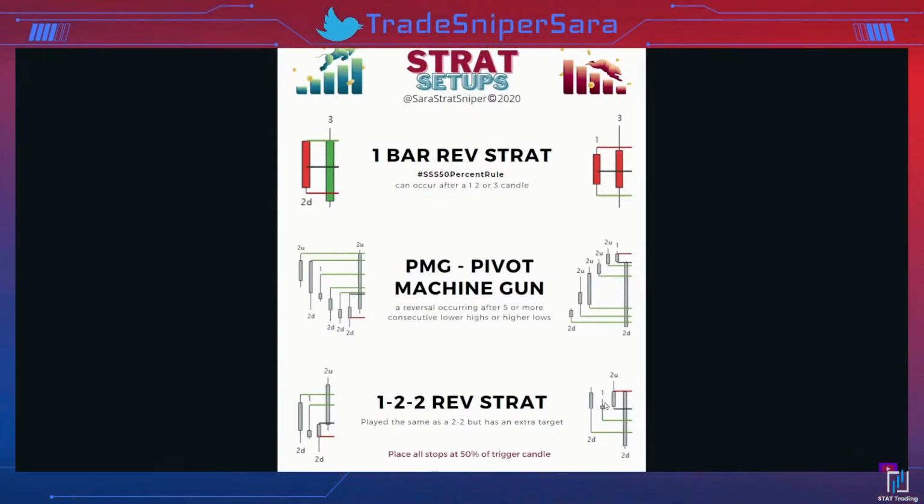Now, one thing that I want to mention on rev strats is, you notice how this 2, 1, 2 up actually hit its target? That's fine. You can play this to the upside and then back to the downside. So you don't have to have a failed 2 on this candle.